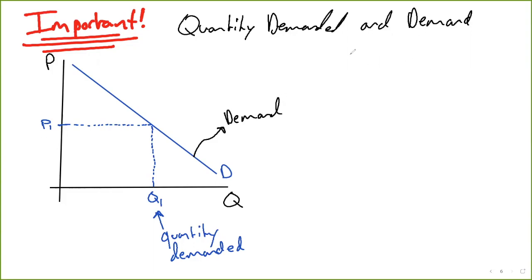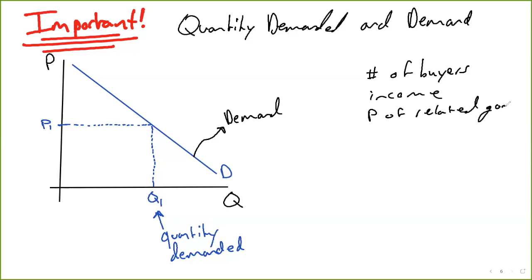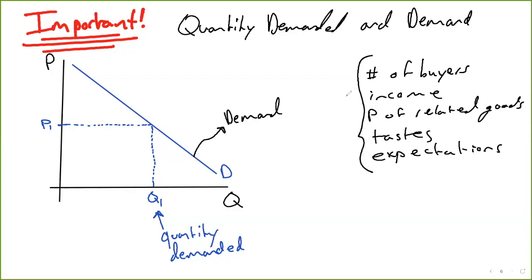And so all those things we just listed that can affect demand, number of buyers, income, price of related goods, tastes and expectations, all of these things affect demand.